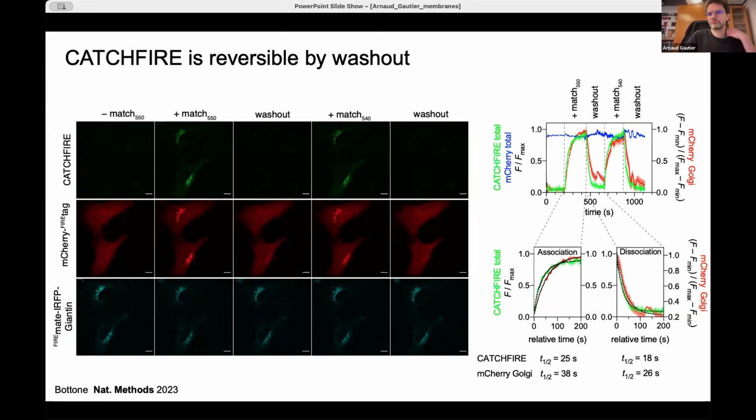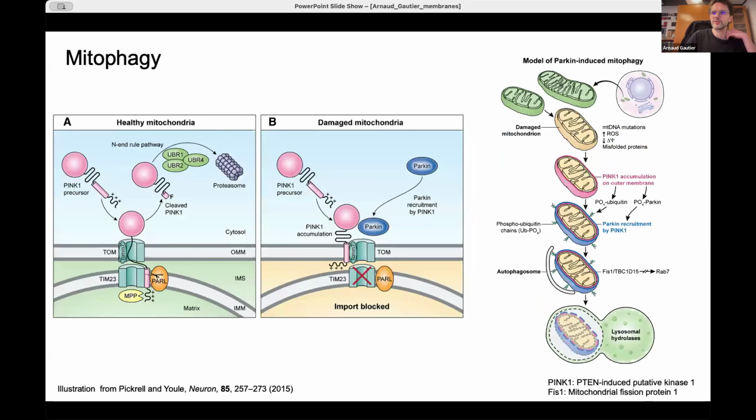So then we wanted to demonstrate different uses of this approach. And the first thing we decided to study is whether we could play with biological processes such as mitophagy. So mitophagy is a process that leads to degradation of damaged mitochondria.